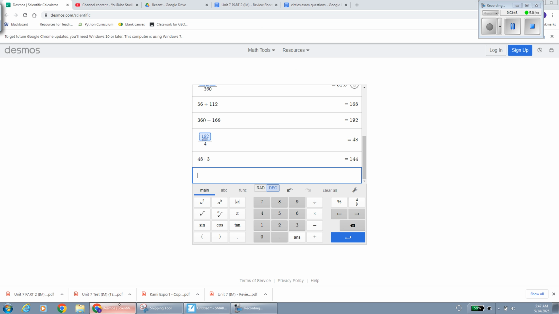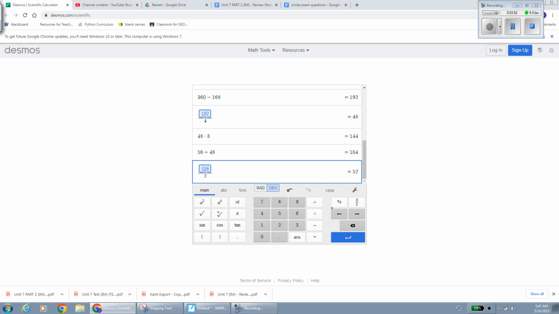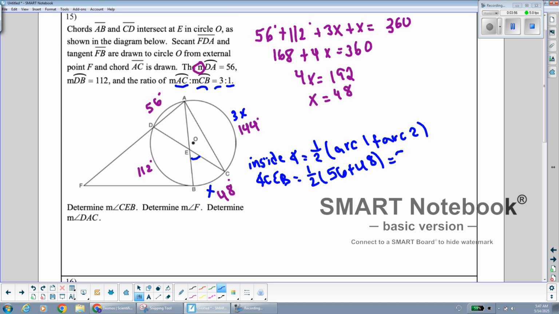Let me put that into my calculator. 56 plus 48. And divide that by 2 is 52. So angle CEB is 52 degrees. So we found our first angle.